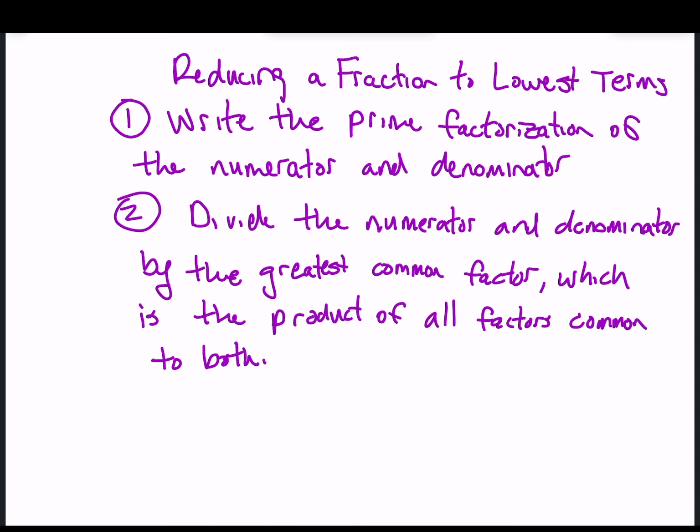Okay, so that's how we reduce a fraction to lowest terms. Let's do an example.